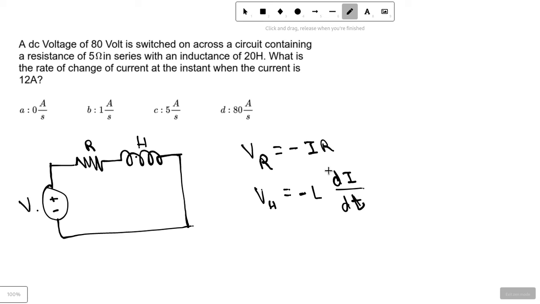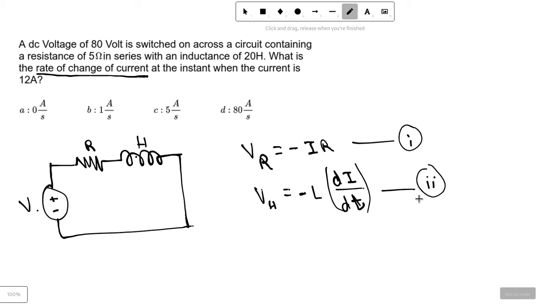And the rate of change of current also appears in the question. So that is our value of interest. Now we are given the voltage, the resistance, the inductance, and we have equations. Let's call this 1 and this 2, which relate our numbers to our value of interest. So we need to find a law, rule, or something that we can use.